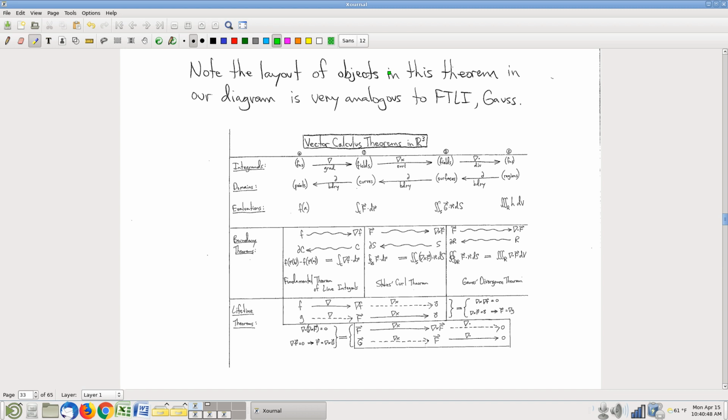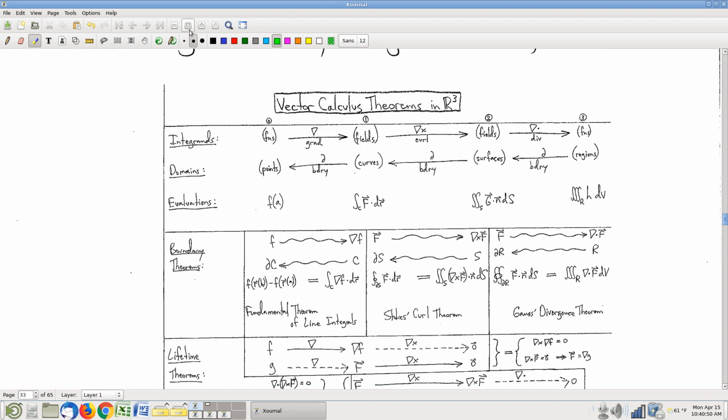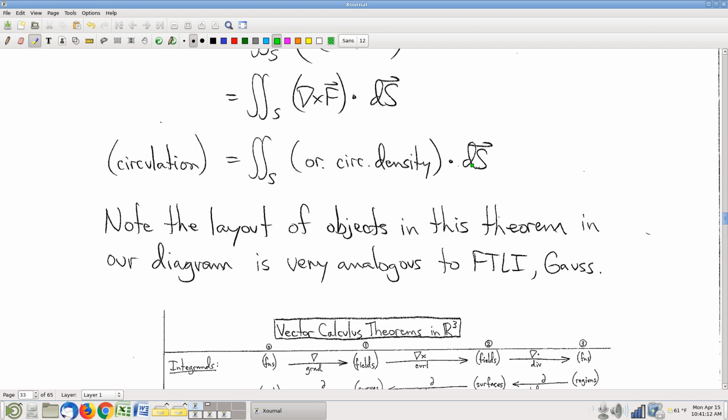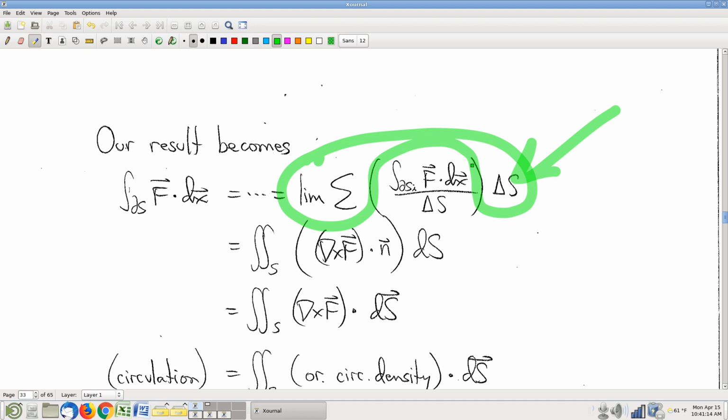Look down here at our diagram. Here's the context of our diagram and what we're looking at. We were kind of hoping and expecting that our circulation would turn into a vector surface integral. If the pattern's going to fit, if all these joints or dovetails are going to perfectly fit together, shouldn't it have been a flux? How come we're looking at a scalar surface integral here? That could have been a worry.